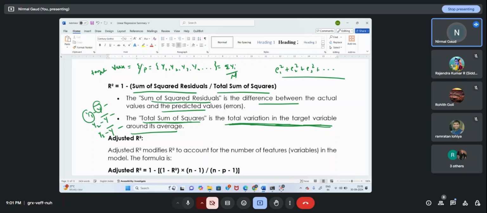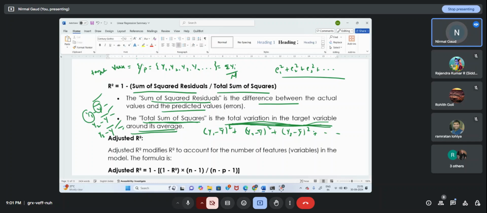So total variation in the target around its average, obviously it is around the average, the mean or the average we have to take, is the total variation. So are we taking the square sum like this, y2 minus y bar squared plus y3 minus y bar squared and so on?